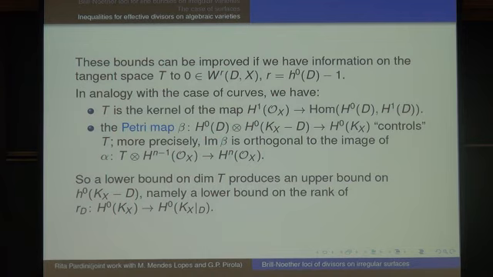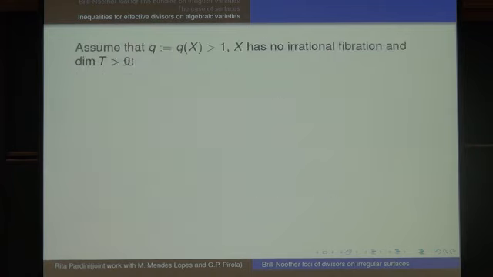If you have an upper bound for K_X minus D, this is the same as a lower bound for this image, which is what we are really interested in. So again, you assume that you have no irrational fibration, and the assumption here is that the tangent space to the Brill-Noether locus is positive dimensional.